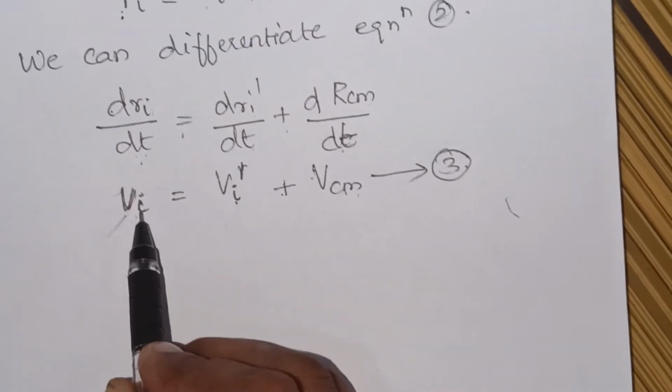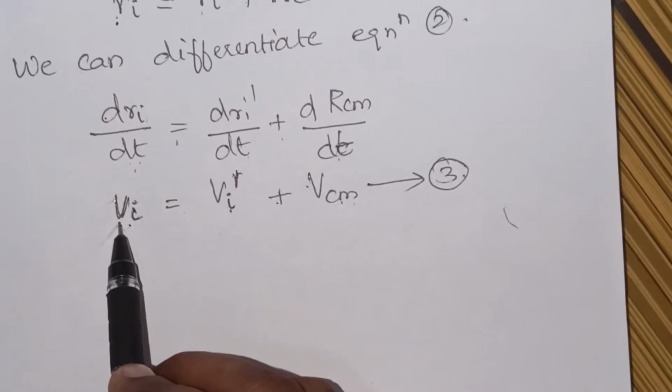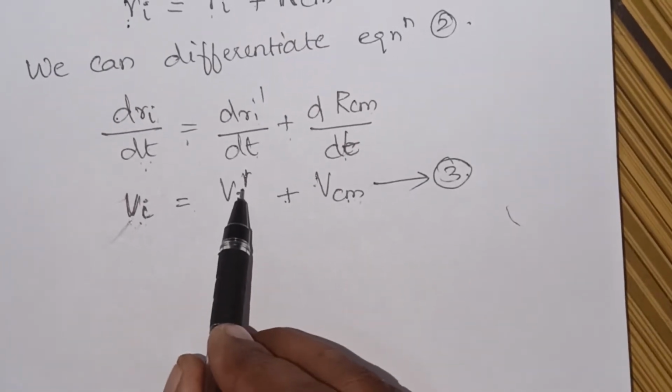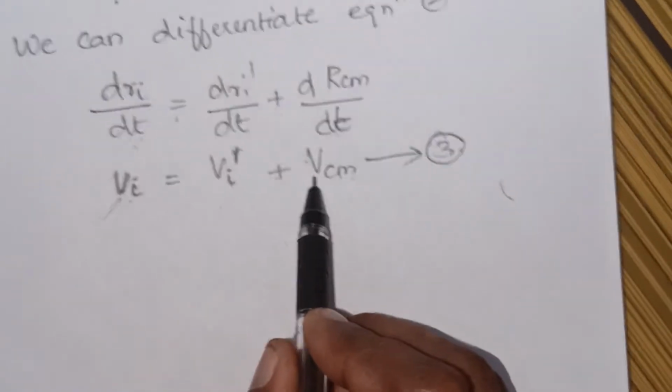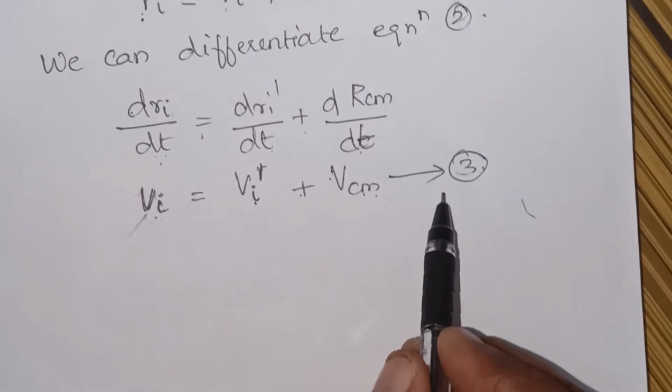So Vi is equal to Vi dash plus Vcm, where Vi is the velocity of the ith particle with respect to origin, and Vcm is the velocity of the center of mass. Take this as equation number 3.